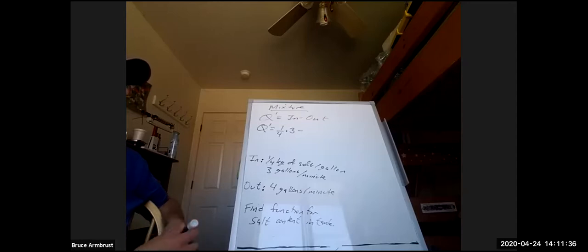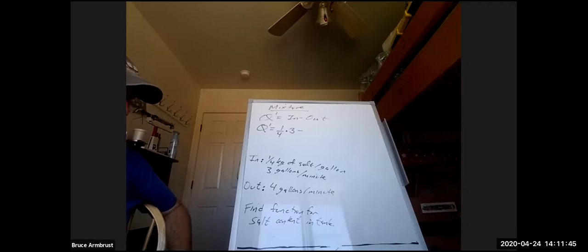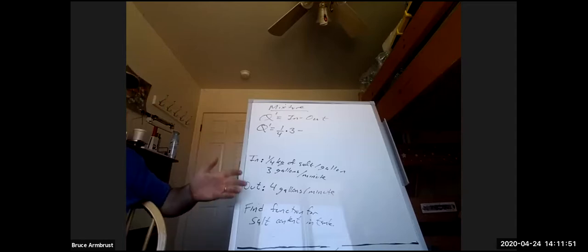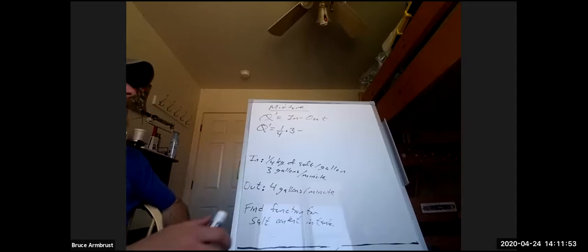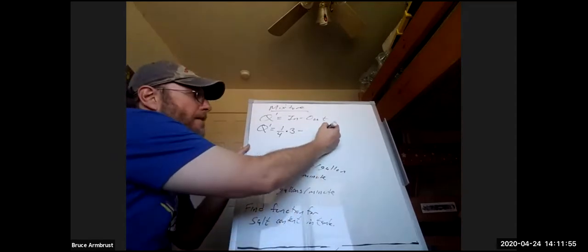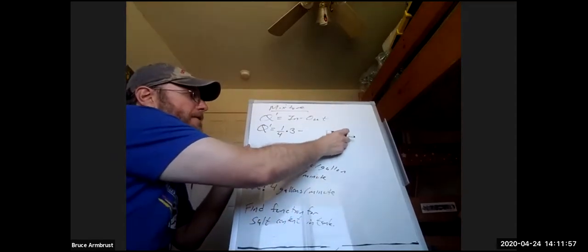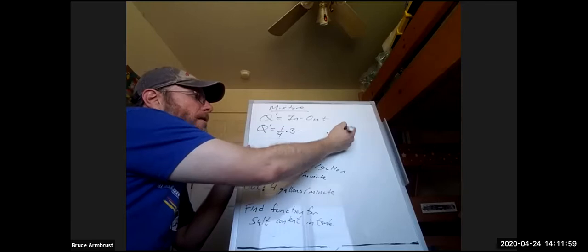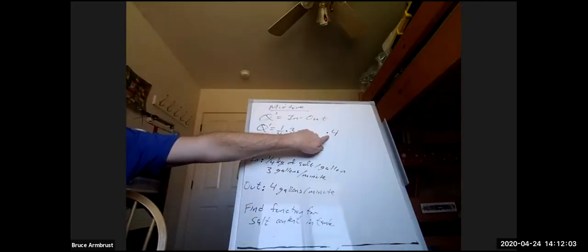All right, so now we want to figure out how much we're losing. We want to do kind of the same thing we did before, which is look at the concentration of salt in the container itself, and then multiply that by how much is leaving. So again, I'm going to put here just times 4, because I know my flow rate out is 4 gallons per minute.